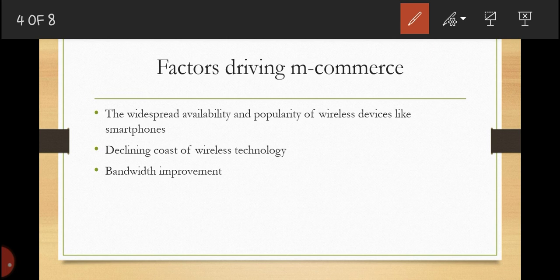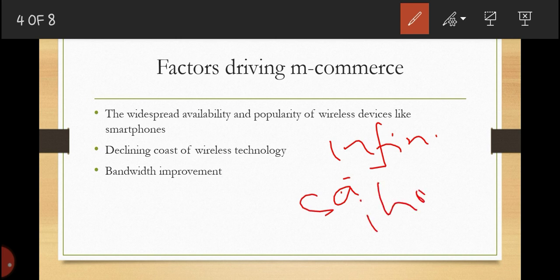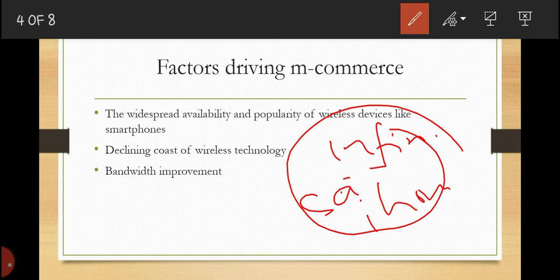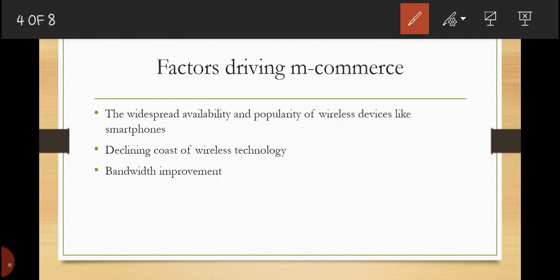We now have a lot of mobile devices like smartphones, from Infinix, from other Android devices like Samsung, and iPhone devices, etc. These devices support wireless communication, and nowadays they have a popular name, smartphones.